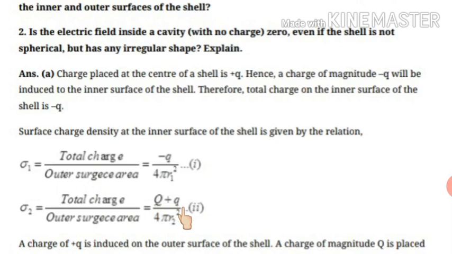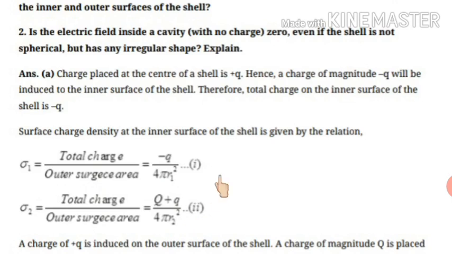At the center plus q charge is there; because of this, on the inner surface minus q charge gets induced, but on the outer surface plus q charge gets induced. So the total charge on the outer surface of the sphere is Q plus q, and the surface charge density will be Q plus q upon 4 pi r2 square. So these are the surface charge densities for the inner surface as well as for the outer surface.